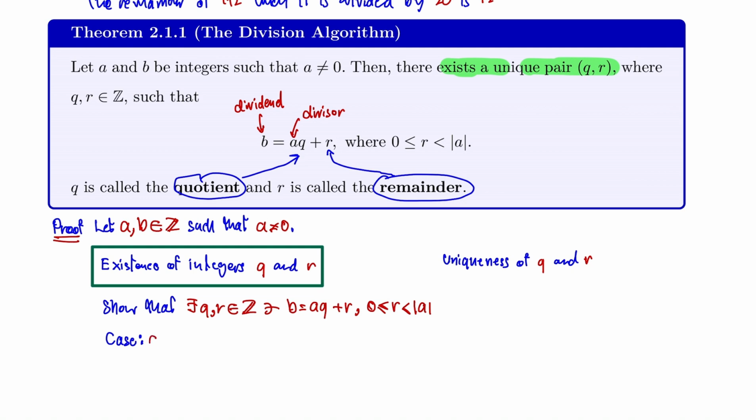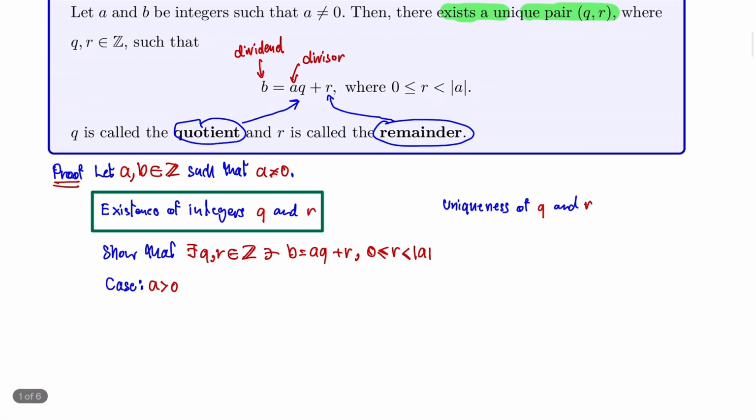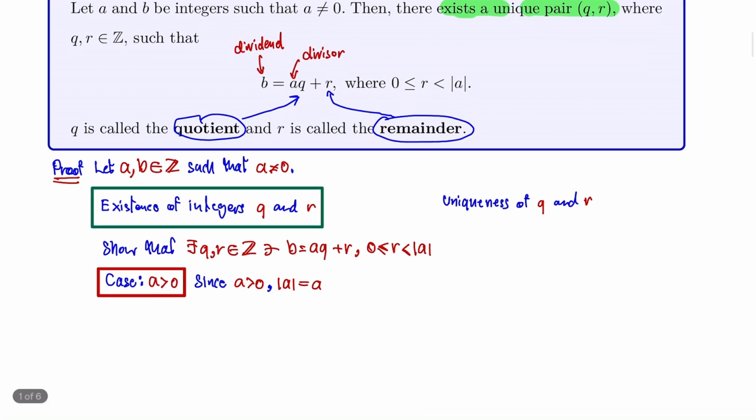Let's start with the first case where a is greater than 0. What can we do with this? Since a is greater than 0, we know that the absolute value of a is equal to a.